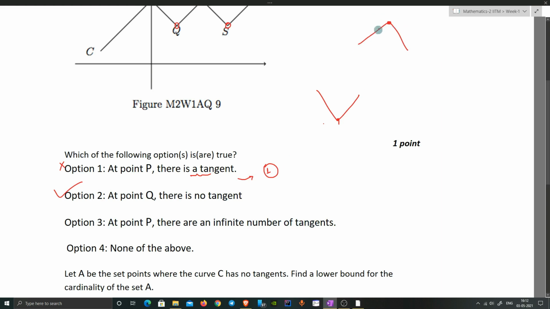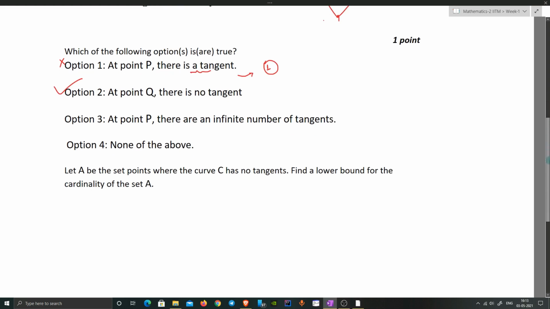The nature of the curve from the left side and from the right side will be different, so we cannot draw any tangent at this point. Since option 2 is right, we cannot choose option 4.